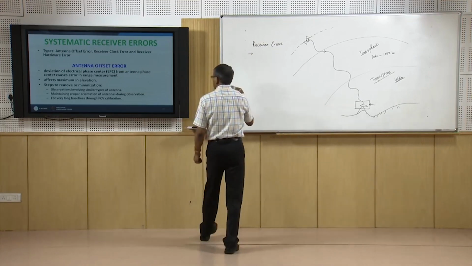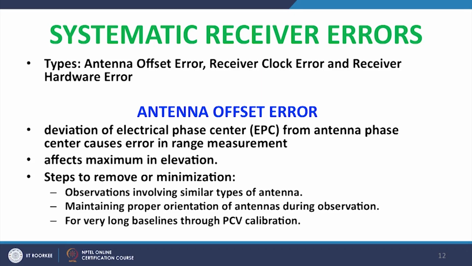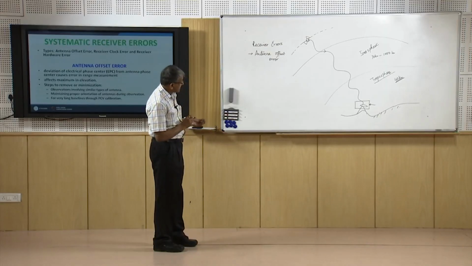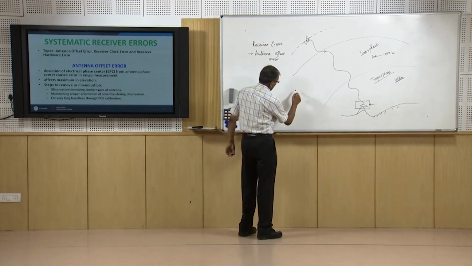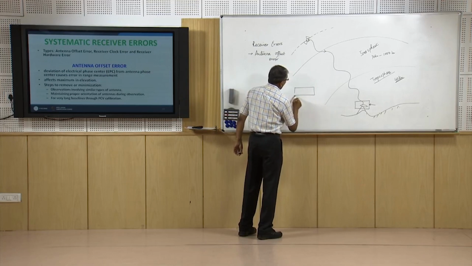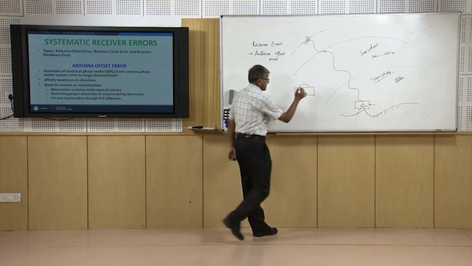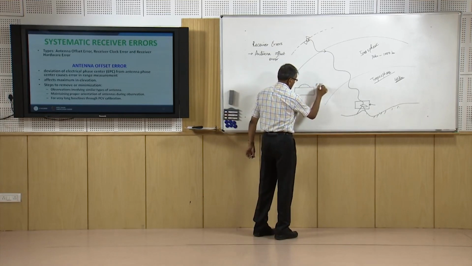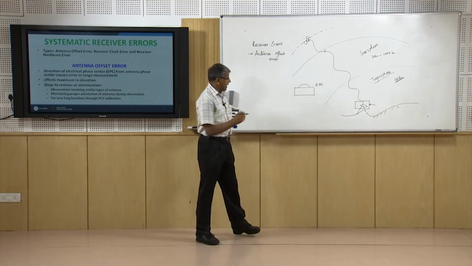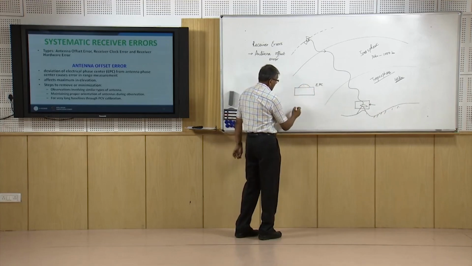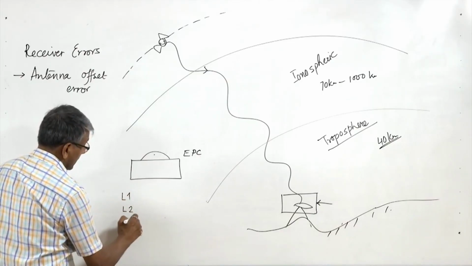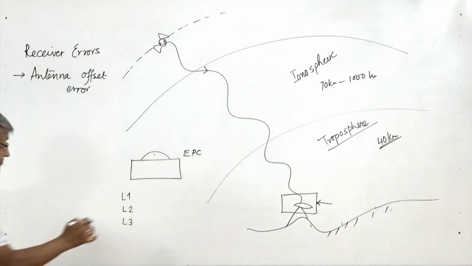The first one is called antenna offset error. Now what is this? The antenna of the receiver has a point called the electrical phase center, and this electrical phase center is different for different frequencies of the signal.